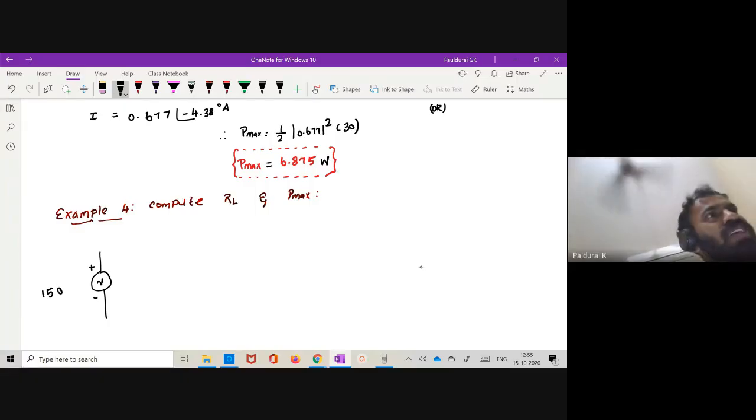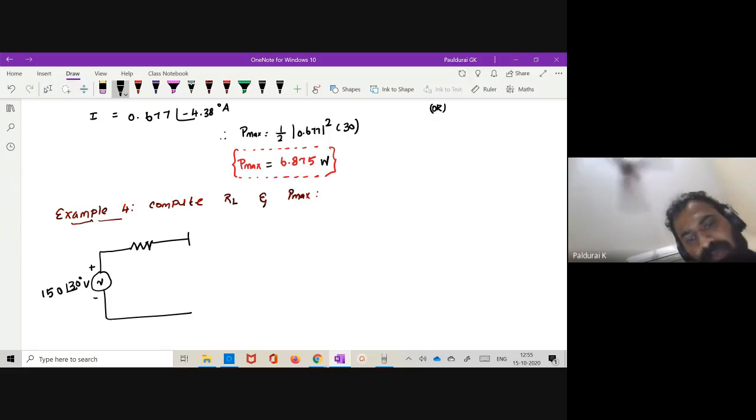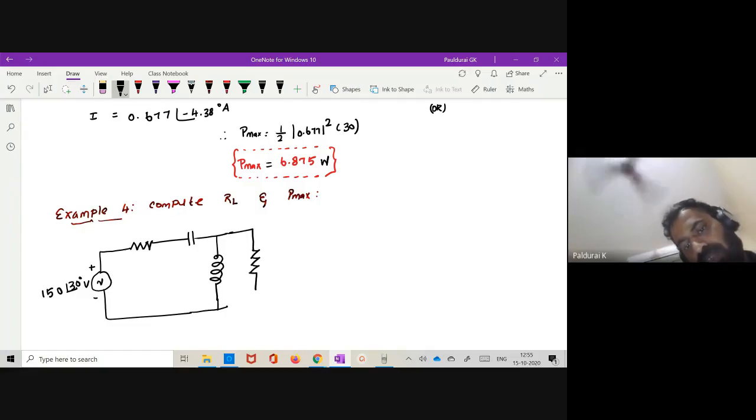It's 150 at an angle of 30 degrees volt, right? So this time my load is resistance, not impedance. Be careful.